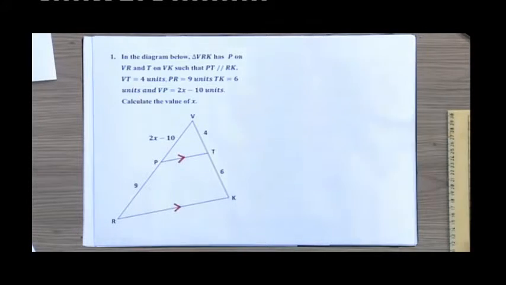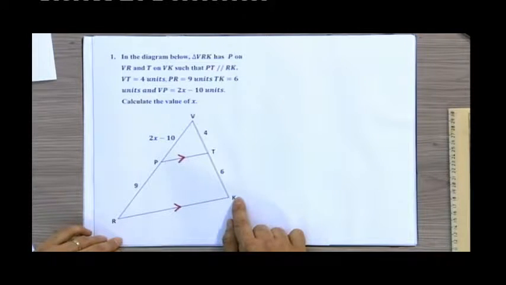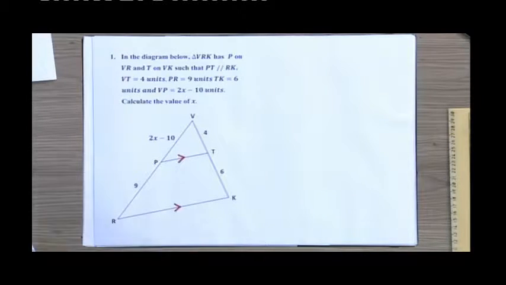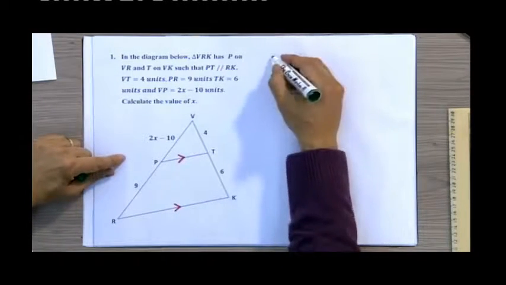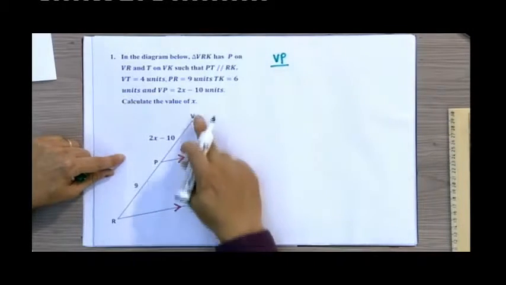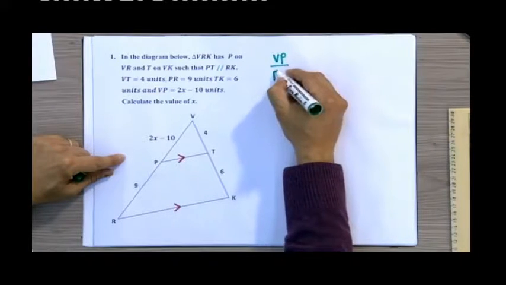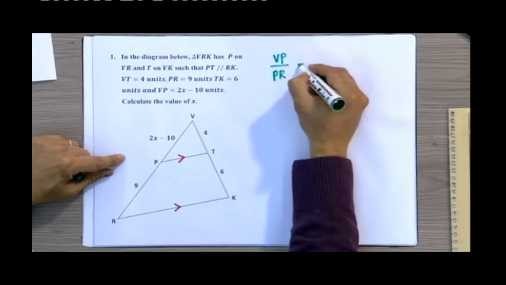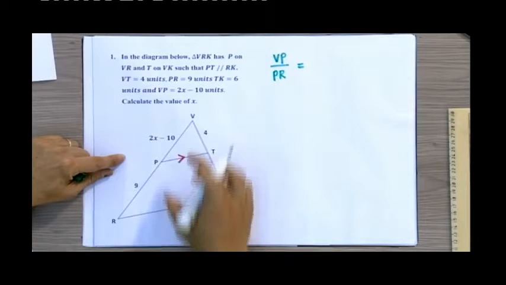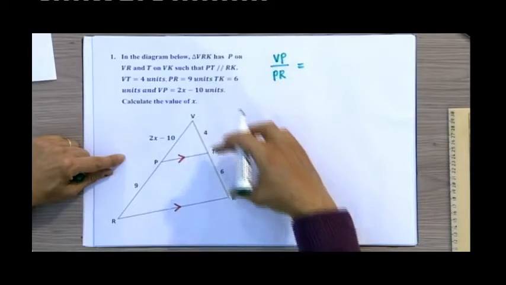So, okay, what is the proportionality theorem? It says, one side parallel to a side of a triangle divides the other two in the same proportion. Now, let's write down the proportion. It will be VP, that is the top, over PR, and that's going to be equal to top over the bottom equals top over the bottom.